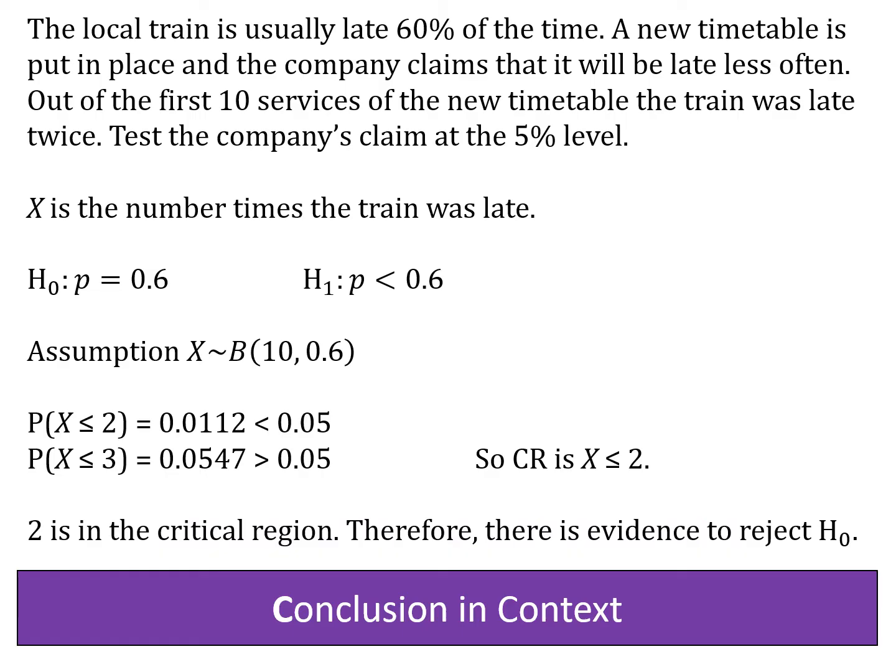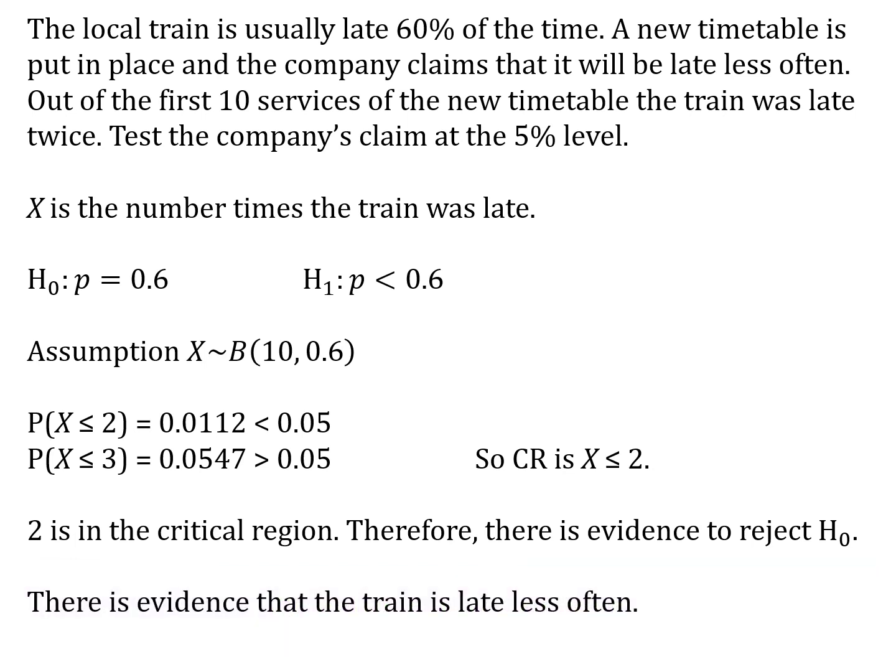So we can say that 2 is in the critical region, and in that situation, there is evidence to reject the null hypothesis. Remember, we always have to put that in context, so we can say that there is evidence in this situation that the train is late less often. And that's how you do a hypothesis test for the binomial using critical regions.